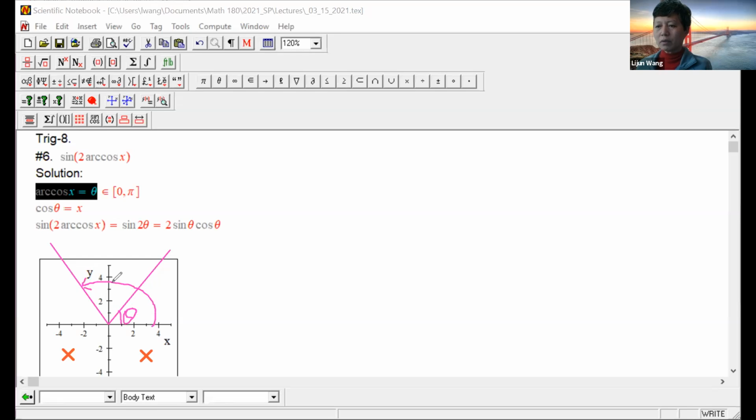Either one could be theta. So theta here could terminate either in the first quadrant or the second quadrant, and there are no other possibilities because theta is in the range of arc cosine. In either quadrant, if you draw a triangle, this is the reference angle.